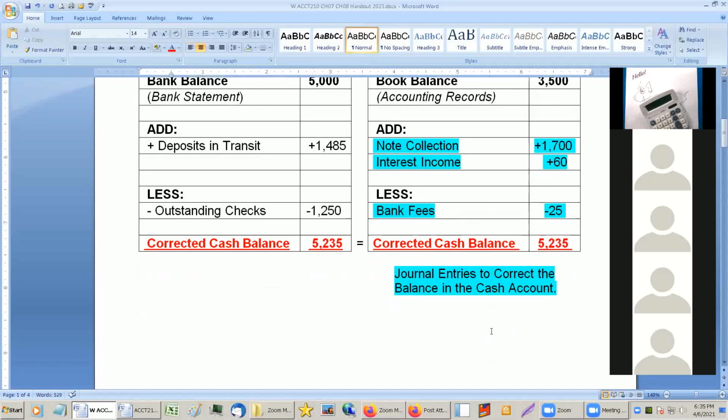So we make journal entries to correct the balance in the cash account. For example, you do not need to put these in, I'm just doing this as an example. For the first one, say cash. For the note collection, you say cash went up by. So you'd say cash would be a debit.